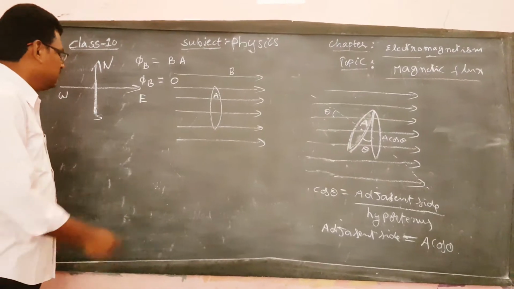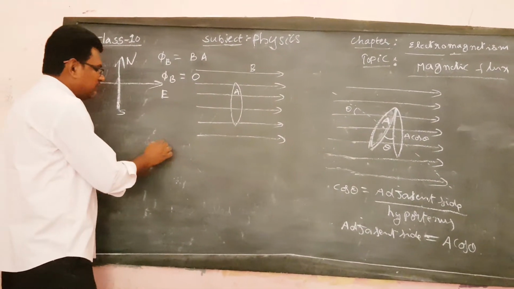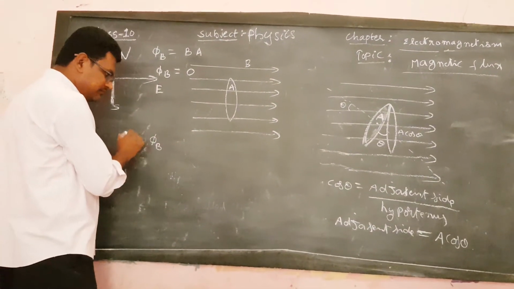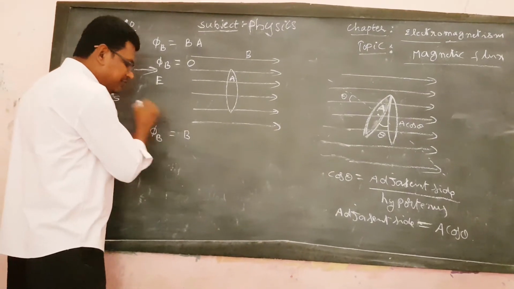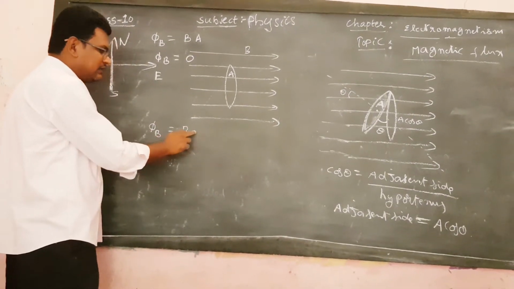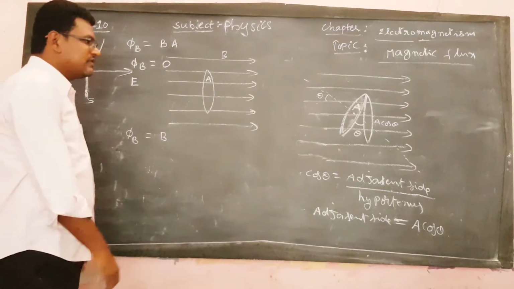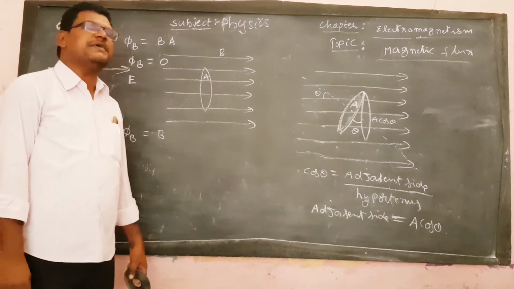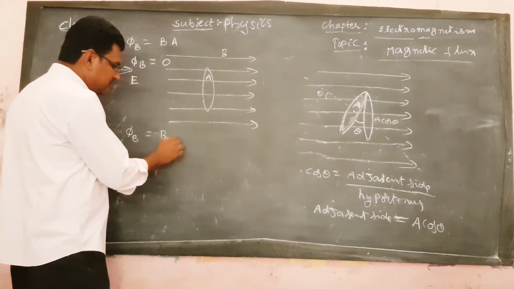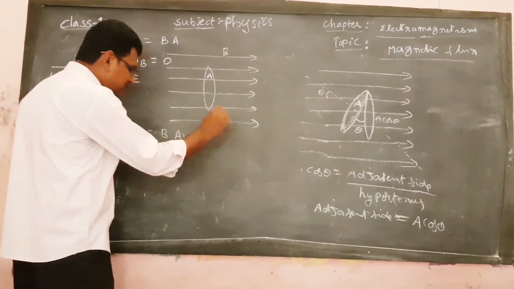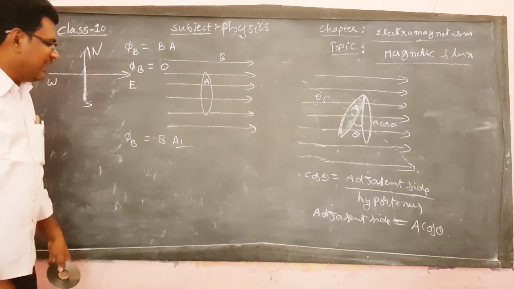Magnetic flux phi B is equal to the magnetic field times the surface area perpendicular to the magnetic field.